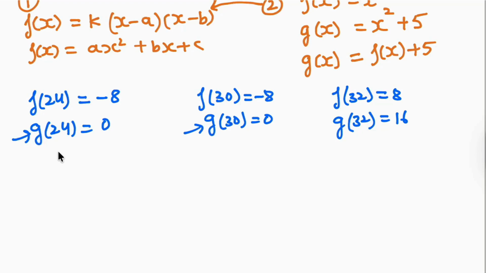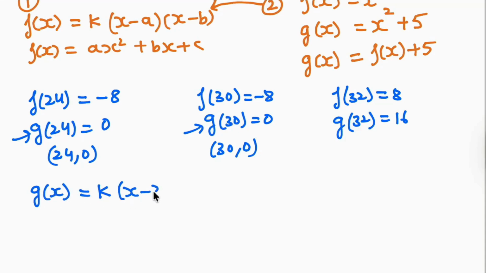The coordinates are 24 and 0, and 30 and 0. So I can write g of x is equal to k times (x minus 24) times (x minus 30). Now you must be noticing why I formed a new function: to form the two factors. I'm not using the third one, but that's okay. In a quadratic equation, we have two factors.